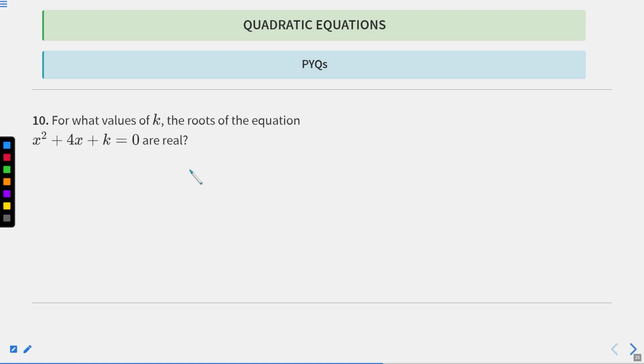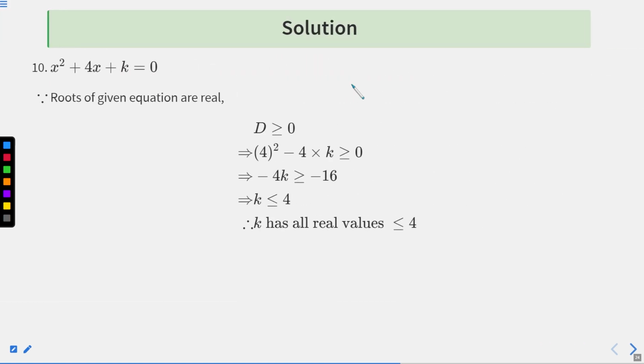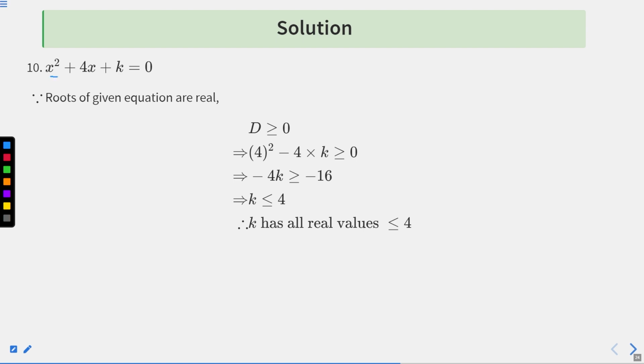So here we have to find the values of k. Let us solve this problem. We have given this quadratic equation, x square plus 4x plus k is equal to 0.